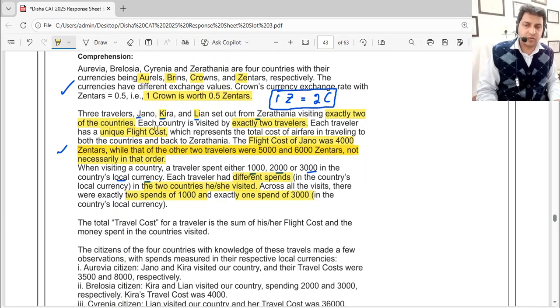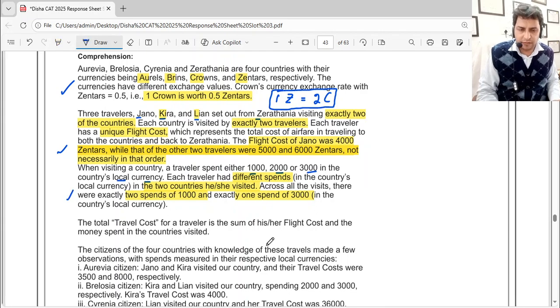So 2 plus 1 is 3, the remaining are 3, because every one of them is going to 2 different countries and is going to spend something there. So one is going to spend in 2 different countries, total 2 spends, 2 into 3, 6 spends for 3 people. So the information can be understood from here. Then the total travel cost for a traveler is the sum of the flight cost plus the money spent. So we can add flight cost and spend, and the total comes out to be the travel cost.